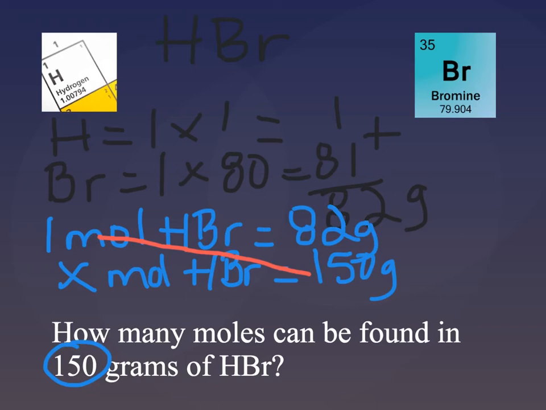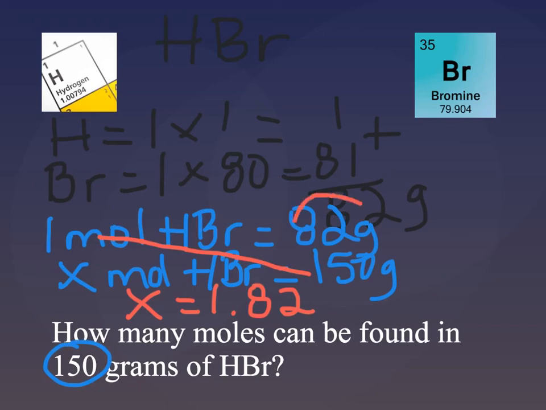So 150 divided by 82 gives us a final result of 1.82 what? Moles or grams?